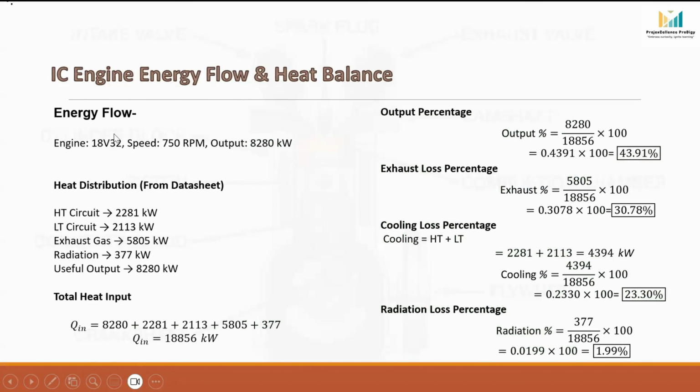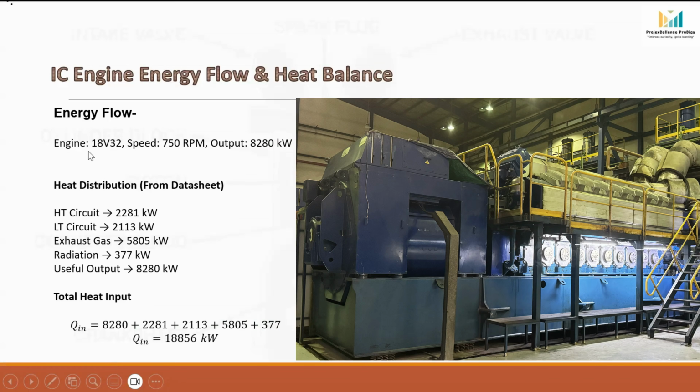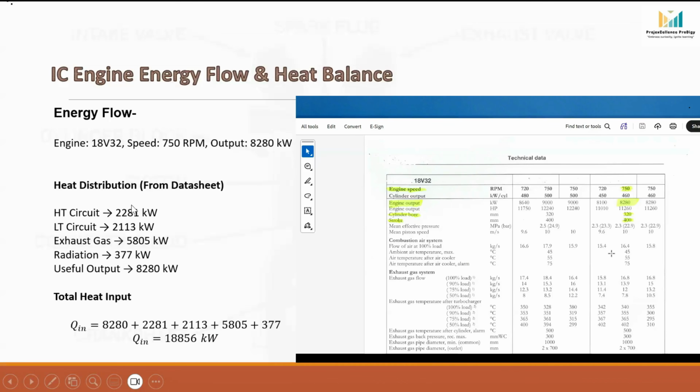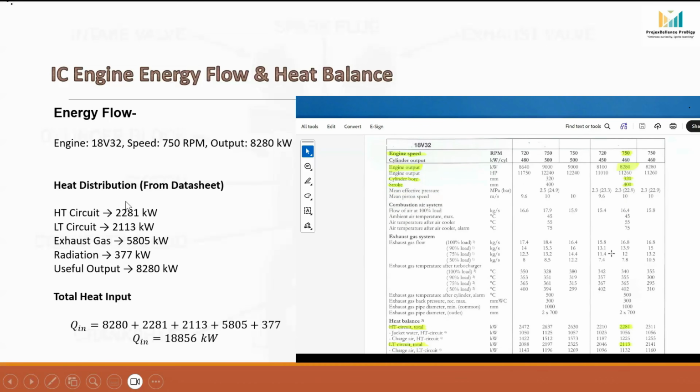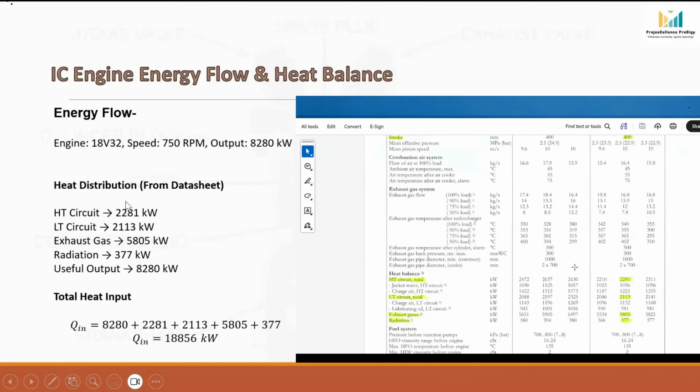Now let's understand the energy flow with a real engine example. We have an 18V32 engine which is operating at 750 RPM and producing 8280 kilowatt of output, or this is the brake power. If you see the design data sheet of this engine, the heat distribution is: HT circuit loss is 2281 kilowatt.